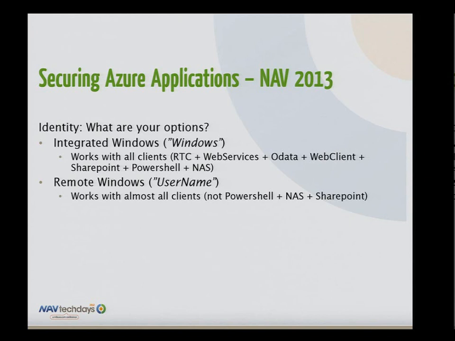Then we have still the remote Windows user, also named as username in the config file. And it works for all clients, but not PowerShell, NAS, and SharePoint client. Well, it might work, but if you are running these kinds of services, I don't know if you've been to the keynote and saw the NAS.